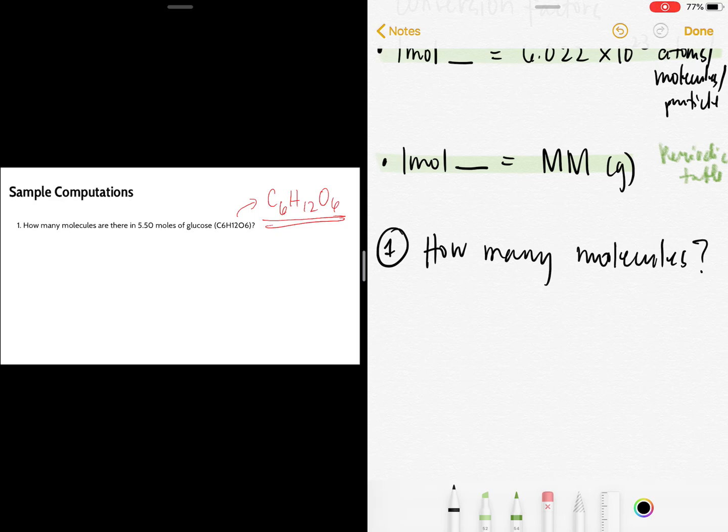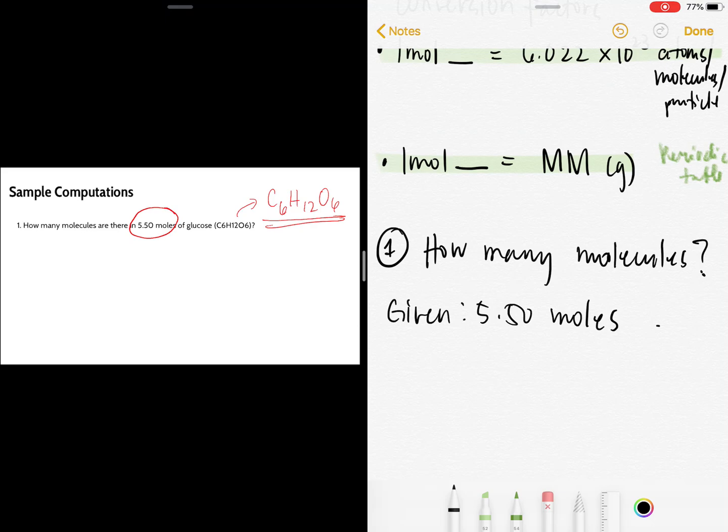Ang meron daw sa 5.5 moles of glucose. So, kapag alam mo na kung anong hinahanap sa'yo, tingnan mo yung unit na binigay sa'yo. Ano yung unit na binigay sa'yo? 5.50 moles. So, yun yung given sa atin, no? Alam na natin yung hinahanap, alam din natin yung given.